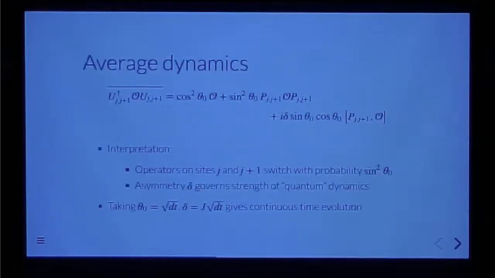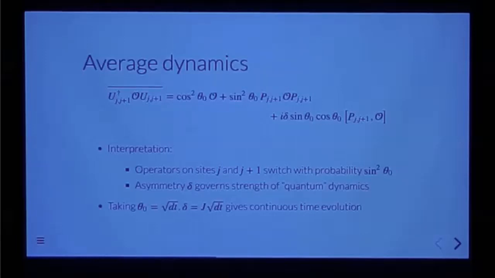If you do that average, this is what you find, and indeed the last term is proportional to delta, the bias. The interpretation is that the operators on sites j and j plus 1 switch with some probability sine squared theta naught, but this asymmetry delta leaves behind a trace of, if you like, the quantum dynamics, which knows about the commutator.